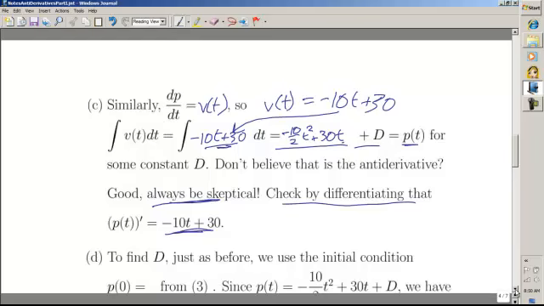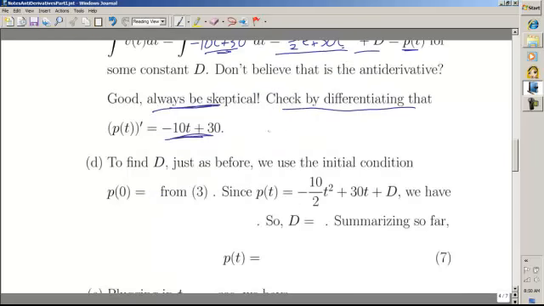Okay, so moving on, we're going to use our initial condition again. P of 0, where were we at the start time? Well, in our frame of reference, we were at the origin, so P of 0 is equal to 0. And just like before, plugging things in, 0 for P of t, and then in this case, we're going to be plugging in the same thing for t.